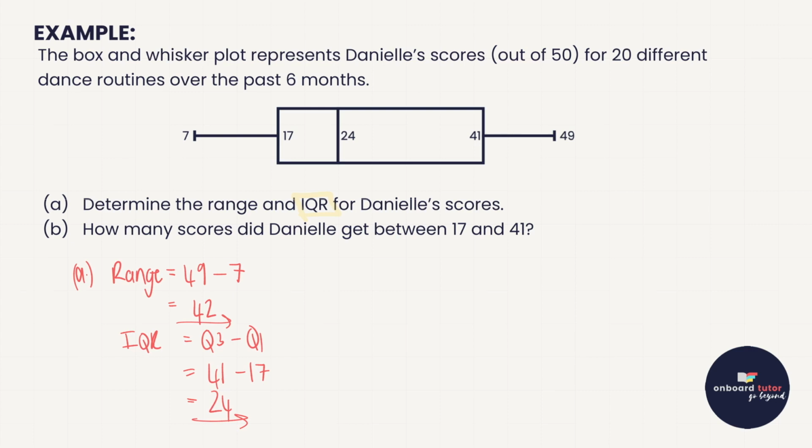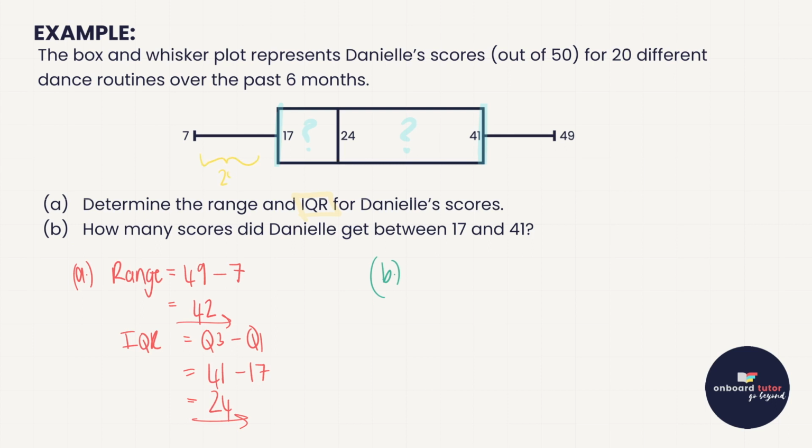Now, how many scores did Danielle get between 17 and 41? This is an interesting question because they're not asking us the interquartile range. They've just asked us that. They've asked us how many dance competitions did she score in this space here? Now what do we know about box and whiskers? We know that our data is divided into 4 quarters.